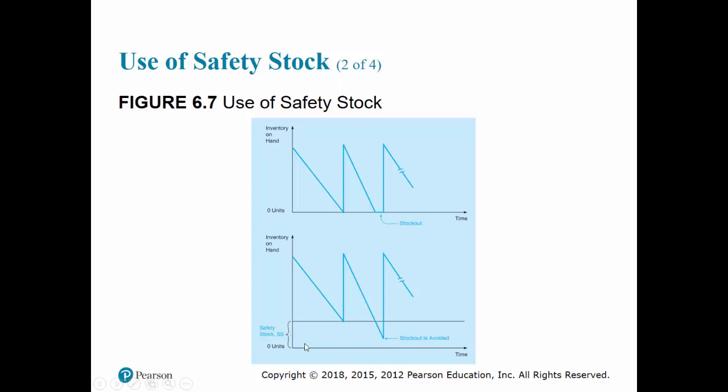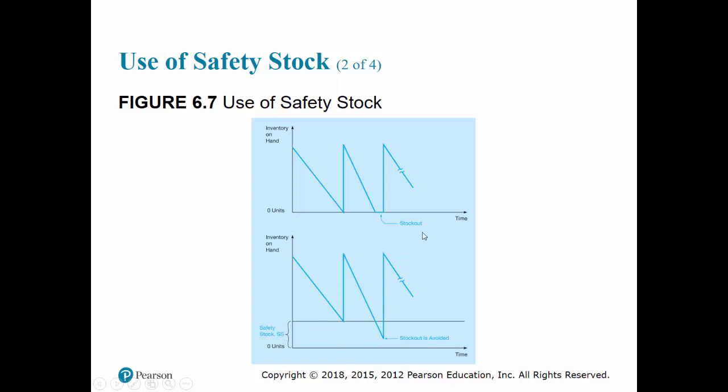But if you have a safety stock, so instead of 0 units, you have safety stock, then that part will occur here, and you still have the safety stock on hand, which will come in handy, and stock out is avoided. So the question is, how much safety stock should you add?